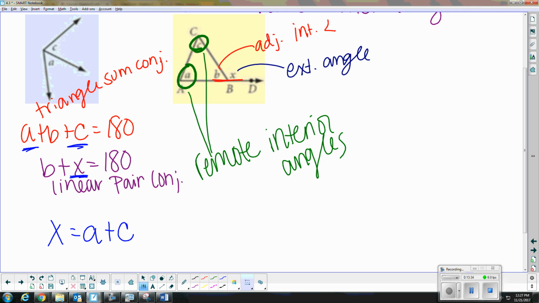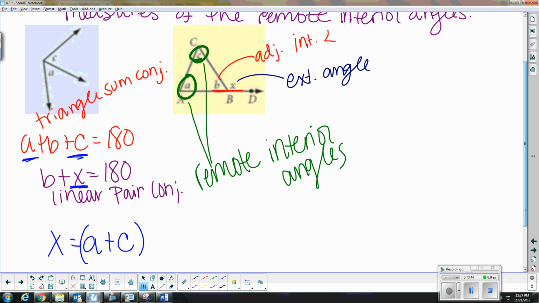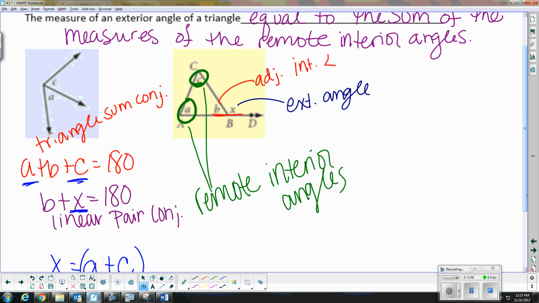So we could substitute in A plus C for X. So that's what this triangle exterior angle conjecture is saying, that the sum of the remote interior angles is equal to the exterior angle.